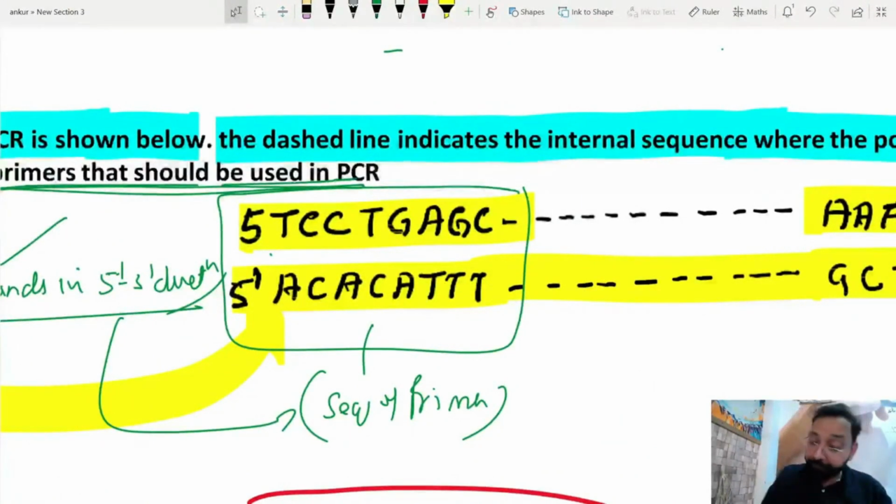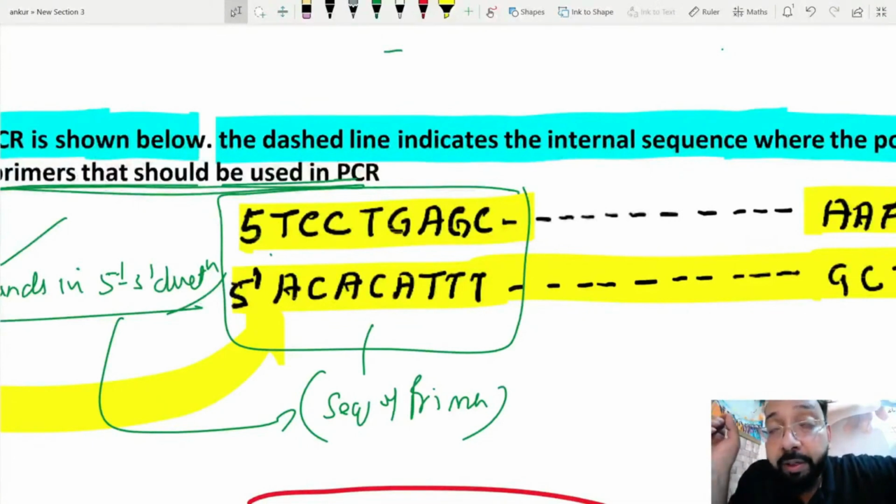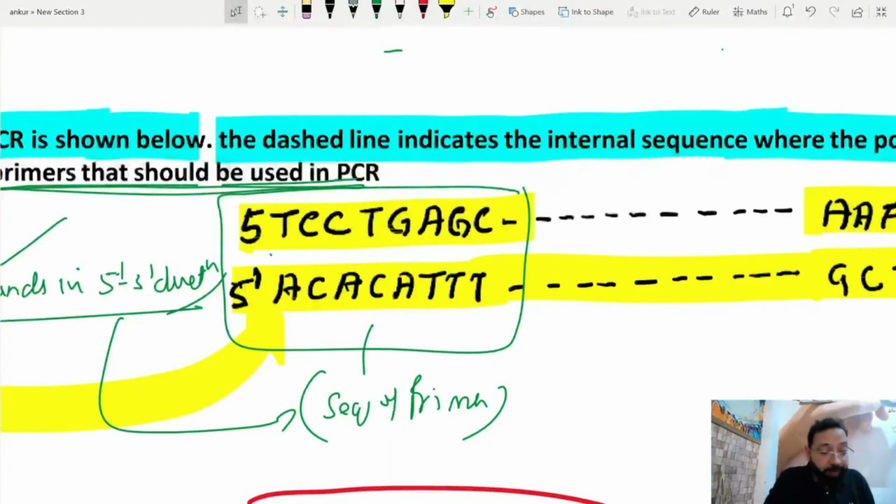Just mug up: in PCR if they want you to tell the sequence of the primer, you will write both strands in 5 to 3 direction, and the initial nucleotide sequence would be the sequence of the primer. So the answer is, please do reply.